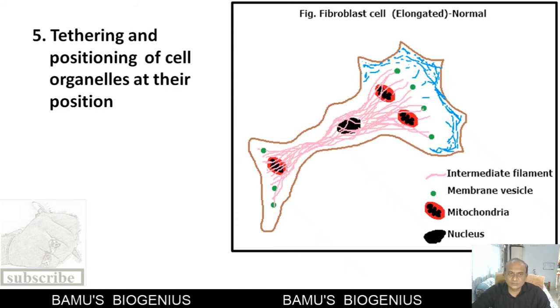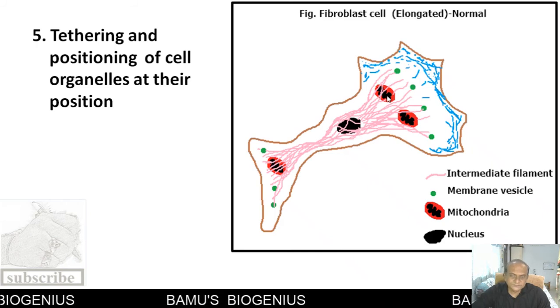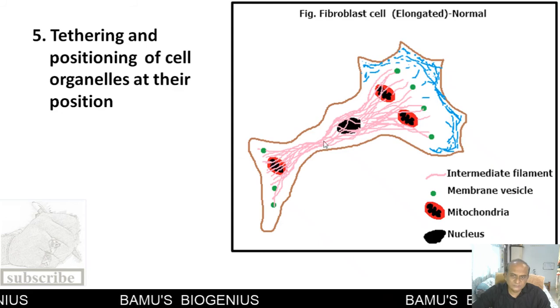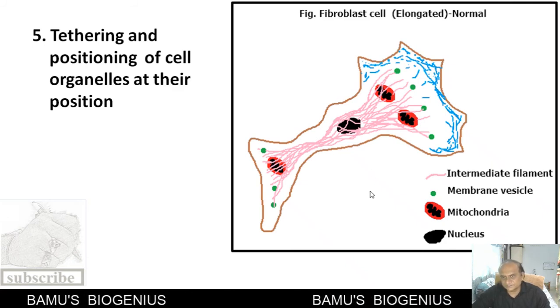So this is known as the tethering and positioning of the cell organelles. So these are the membrane vesicles, the mitochondria and the nucleus. All these cellular organelles are attached with the intermediate filaments, and thus they are positioned at a particular position inside the cell cytoplasm.